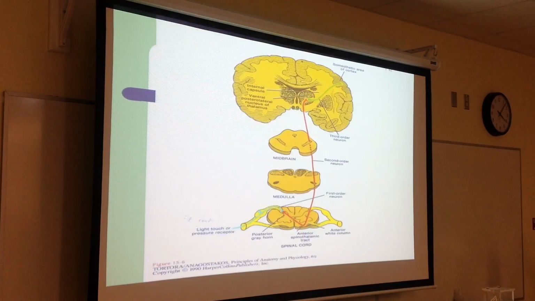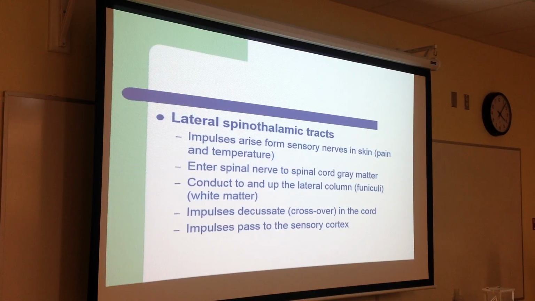All right. Now, lateral spinothalamic. Let's dissect the name before we do any drawing. Lateral refers to what? Sides of the spinal cord. So these are going to go through the white matter that's out on the side of the spinal cord, not in the front. Now, spinothalamic. Where does it start?